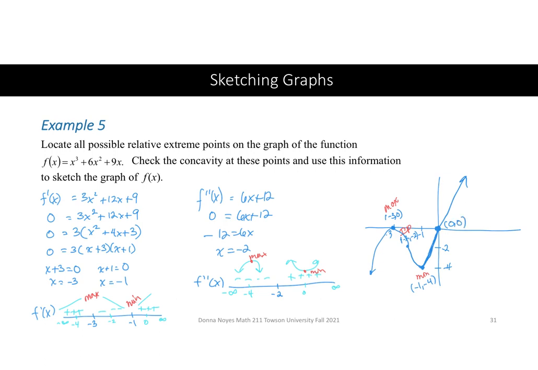So you can confirm all of this based on your calculator. Hit your y equals button, plug in the function, and you will see that all of this is true. So when you're working on curve sketching and you want to find your max and your min and you want to double check the graph, you can always put it into your fancy TI and double check that your graph matches what you think it should.